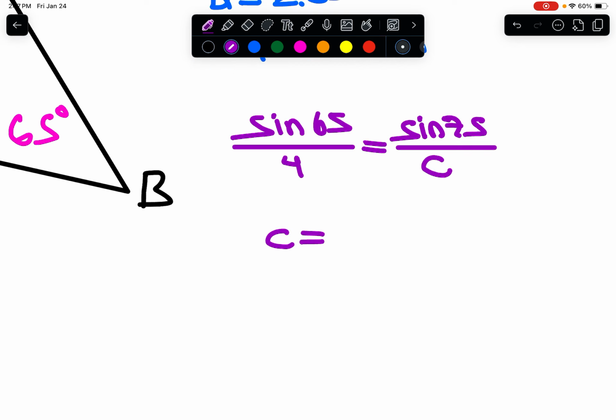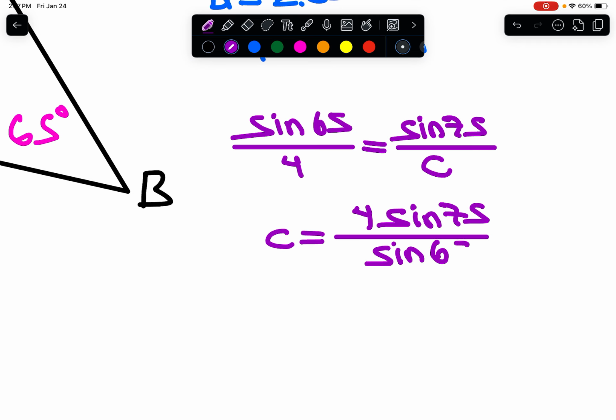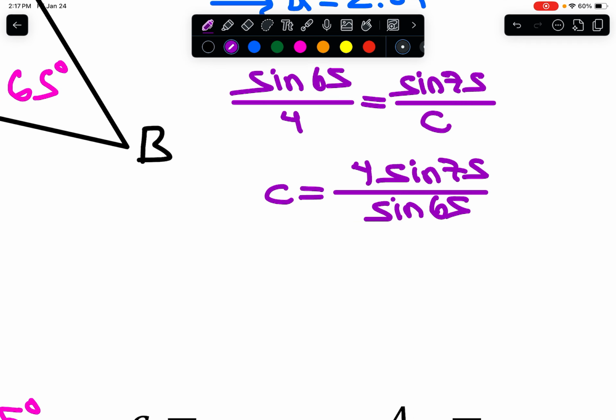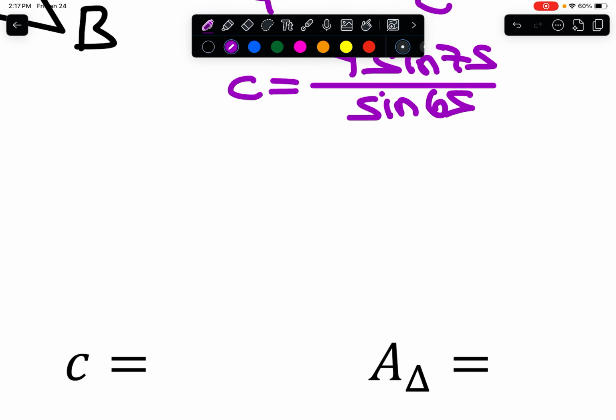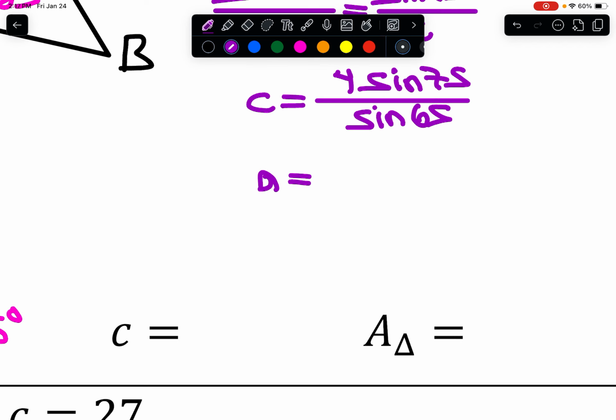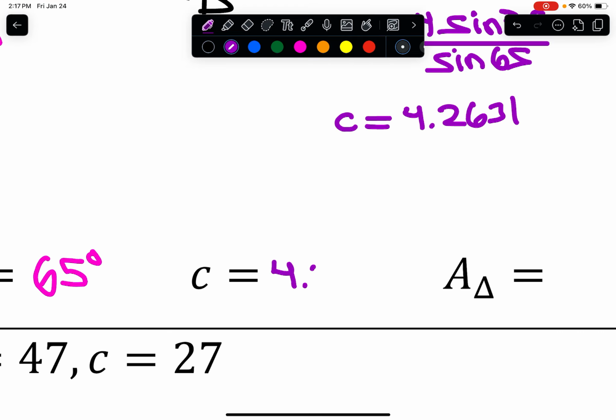I'm going to skip a few steps. So we're going to have 4 sine 75 over sine 65. Why do I keep writing the wrong letter? It's fine. That's going to give me a C value of 4.2631. So C, we're looking at 4.26.